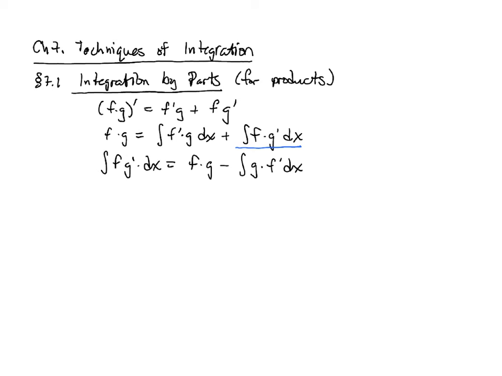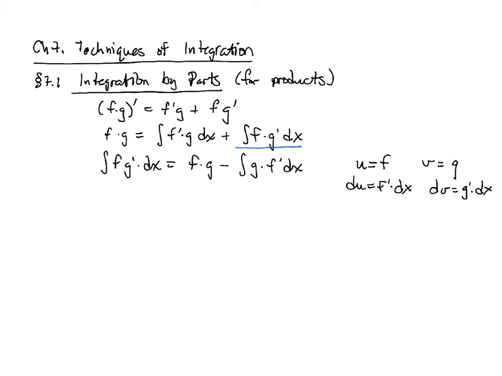So the way that we obtain the standard form for this in terms of u's and v's is by two substitutions. So we set u equal to f, and we set v equal to g. And when we do that, we find that du is f prime times dx, and dv is g prime times dx.